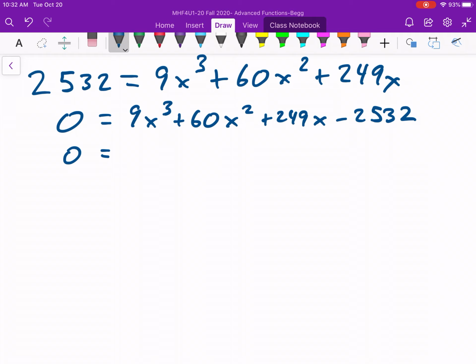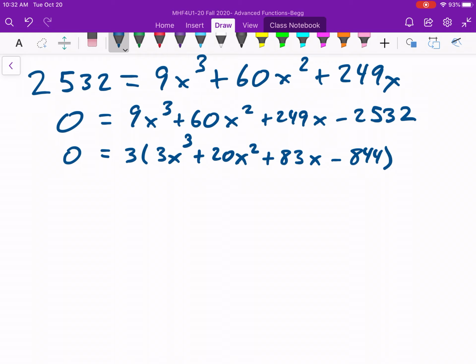It looks like everything is going to be divisible by 3. So if I take out 3 as a common factor, while not absolutely necessary, it just gives me smaller numbers, which is always desirable, because working with smaller numbers keeps my calculations a little bit easier.